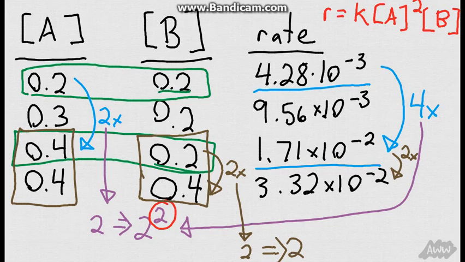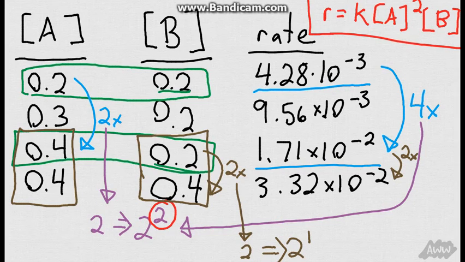So our rate increased by 2 as well, so that's 2 to the first power because it did not quadruple, it just doubled, which tells us that the power of B is 1. Now that tells us we have a third order reaction, and that this is our equation so far.